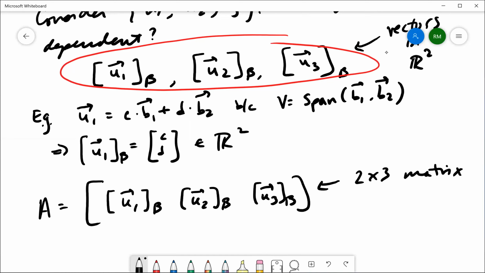It has 2 rows, and has 3 columns because there's 3 vectors. If I row reduce it, what do I notice? Row reduce A, what happens? So think about it for a second. If I row reduce it, I know I must have at least one free variable.